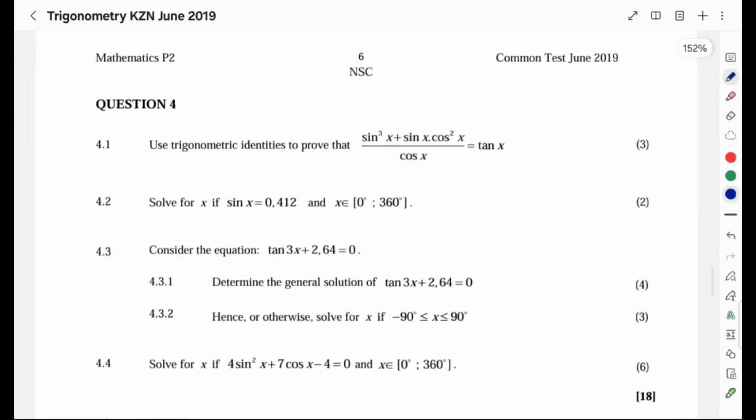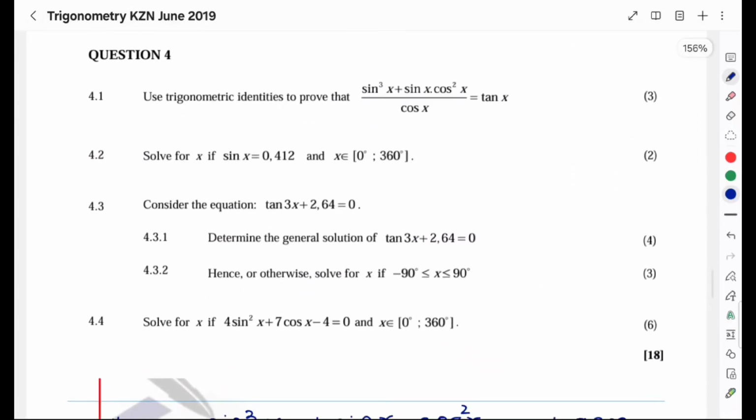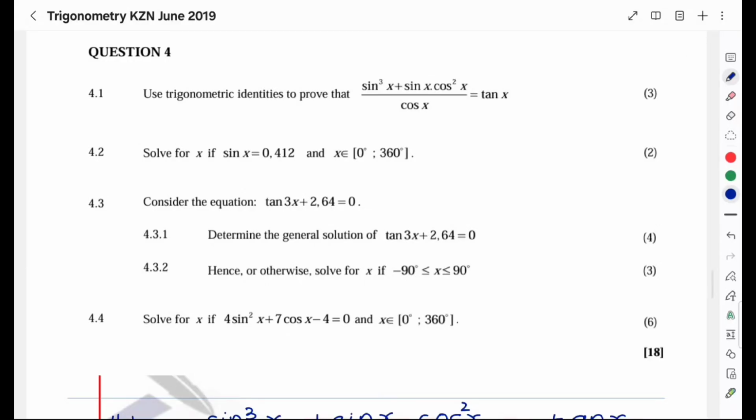Next, let us have a look at question 4.3.2. Hence or otherwise, solve for x if x is greater than or equal to negative 90 and less than or equal to positive 90. So we need to find the values of x if x is between negative 90 and positive 90.